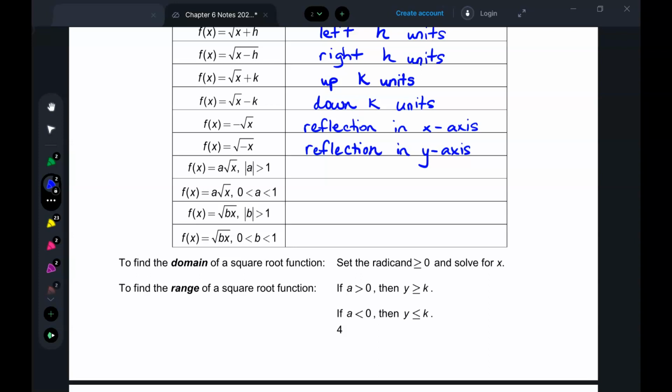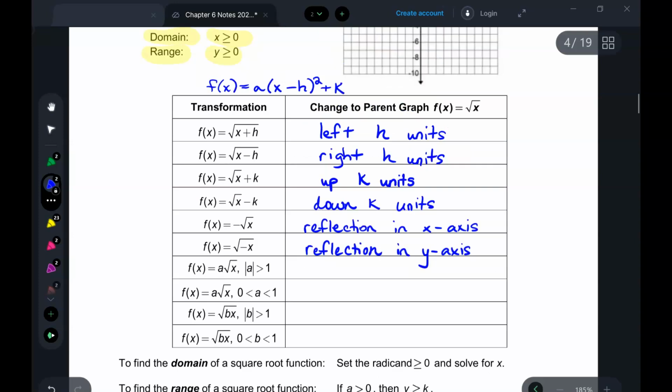All right, next one. What do you think? What happens if a is greater than 1 and it's in front? That's a vertical stretch.